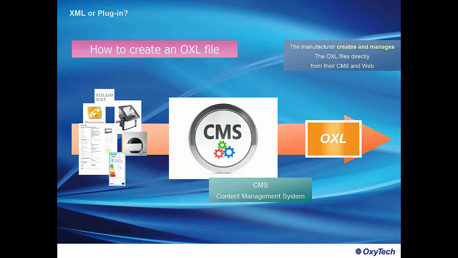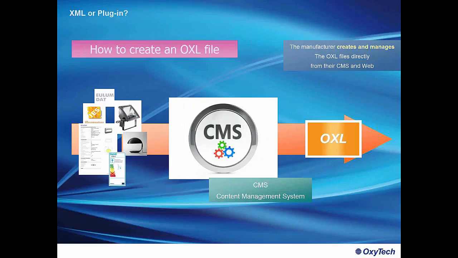So, coming from this concept of open source, we can say that OXL files can be created through different means. For example, they can be created through CMS systems, the content management systems, the huge databases managed by the manufacturers, where all the information related to the products is stored.